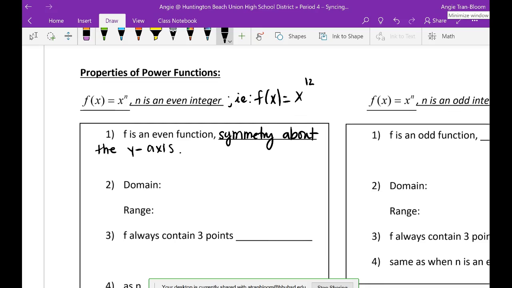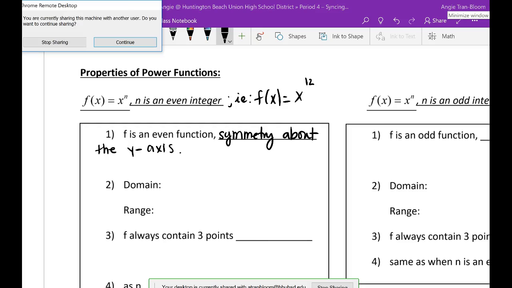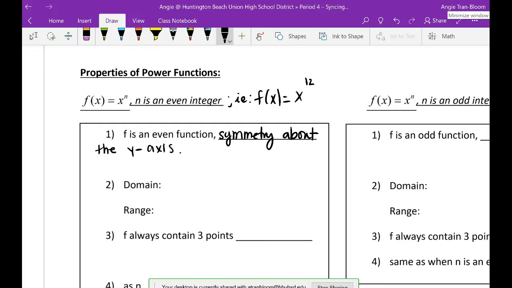What is the domain? Can I pick -1? When x is -1, what's y? 1, right? Because any negative number, when you square it, will always be positive. So the domain is all reals.